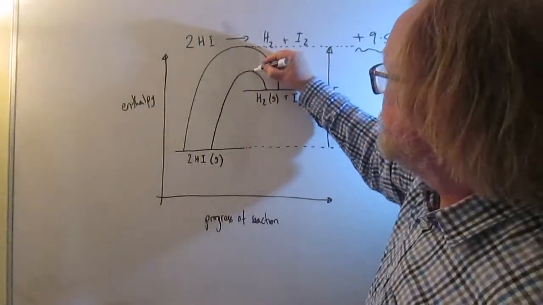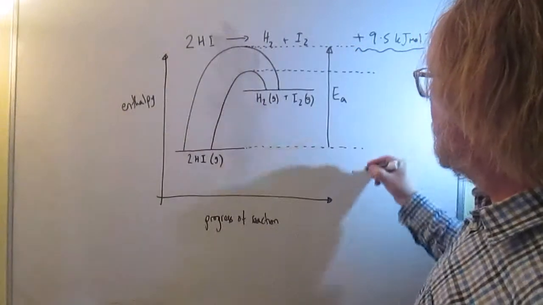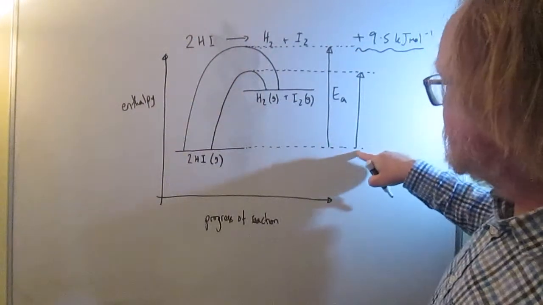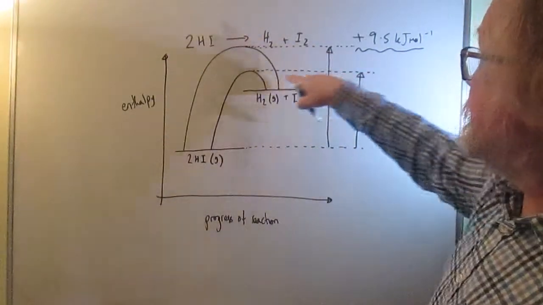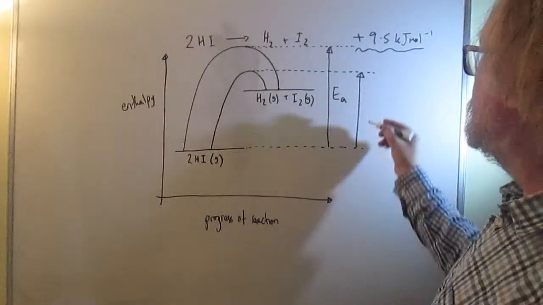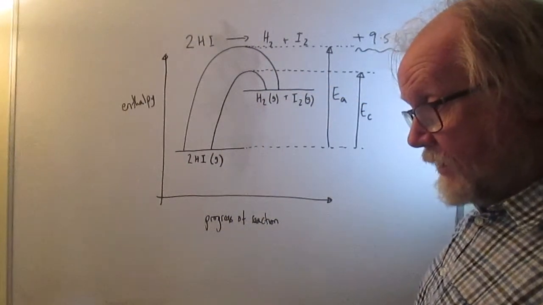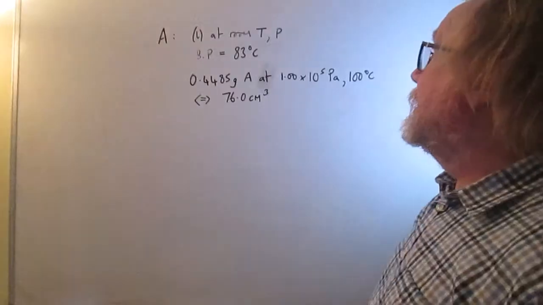And again, we can just mark the top level like that. And now the new activation energy still starts from the reactant level, but it just goes to the top of this hill. So it's a smaller activation energy, and that's the one it tells us to label EC. And that's it. That's all you need for your 3 marks.